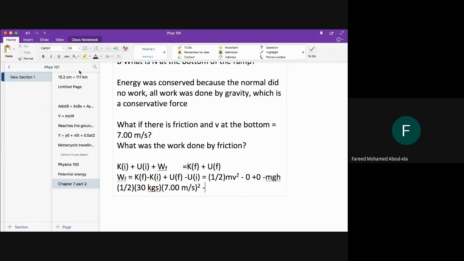And then we have minus mgh, which is minus 30 kilograms times 9.8 meters per second squared, and actually, we already calculated that before, and then we have 4 meters as the initial height.